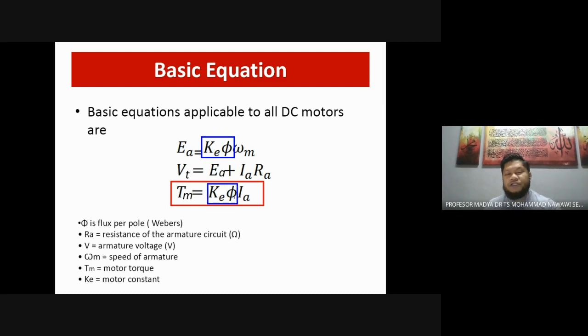So voltage is due to omega m, but the torque is due to the armature current. You multiply with the same variables here, Ke flux. Flux is flux per pole, R is resistance, omega m is the speed of the armature, Tm is motor torque, and Ke is the motor constant.